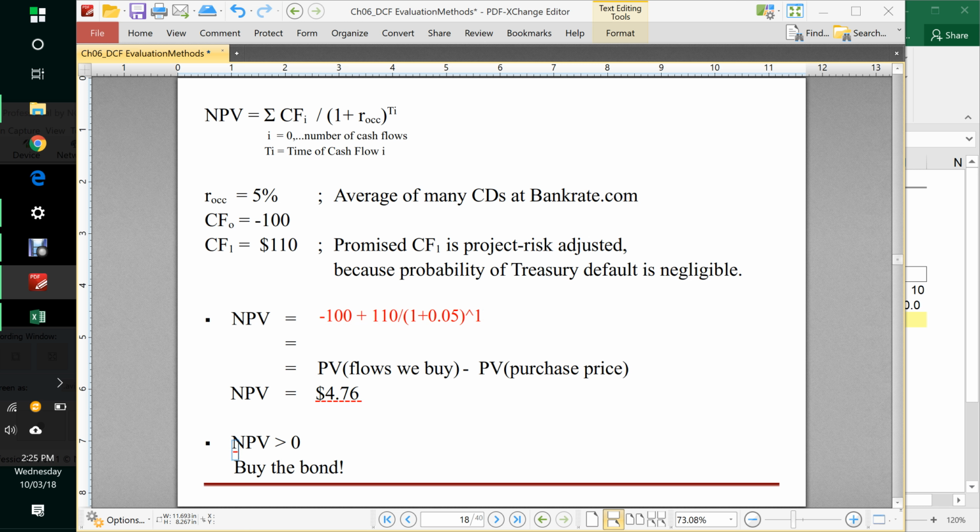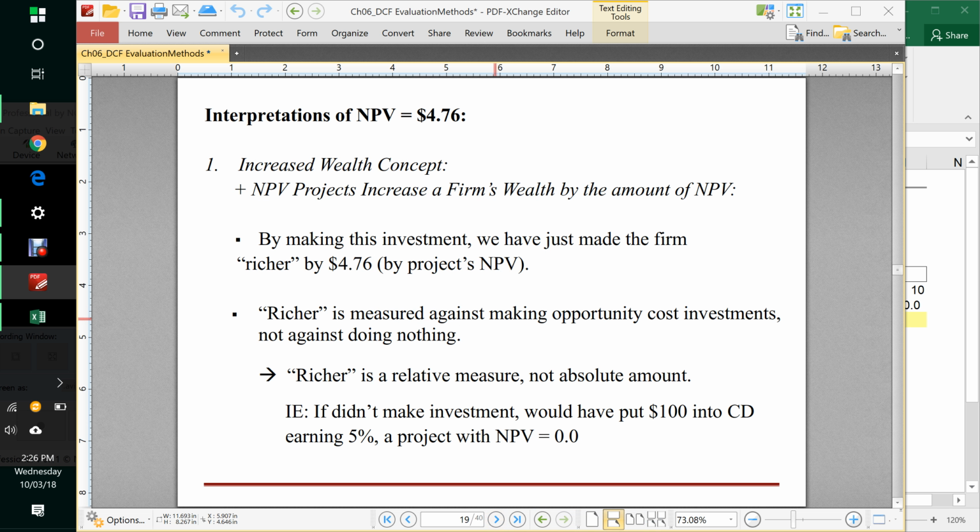That's clearly greater than zero. So we want to buy this bond. We want to do this deal if, in fact, our mission is to buy short-term, very low-risk stuff. This is short-term, very low-risk stuff that's going to make us more money than the weighted average of buying 100 CDs at Bankrate.com. All right, cool.